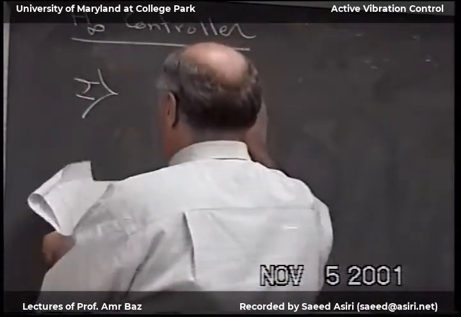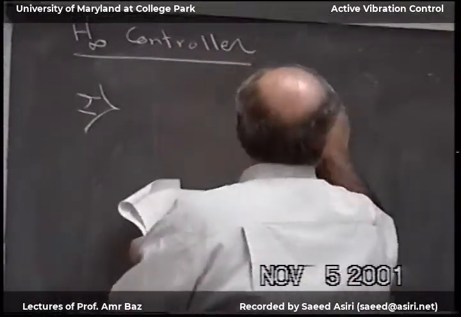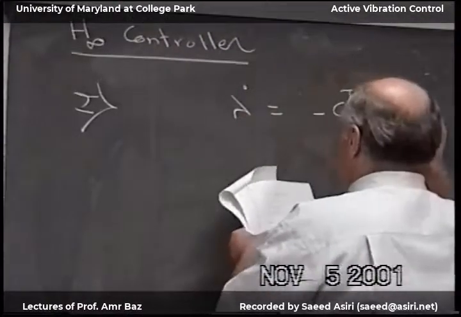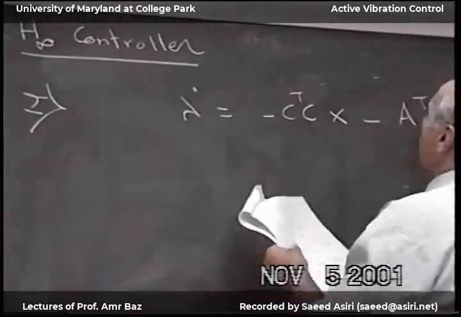We have lambda dot equal to minus C transpose C x minus A transpose lambda.